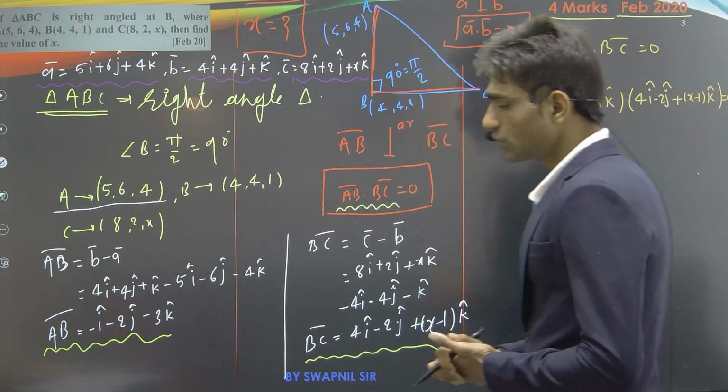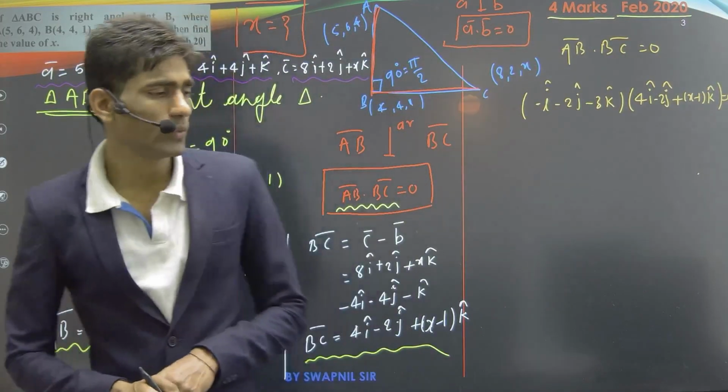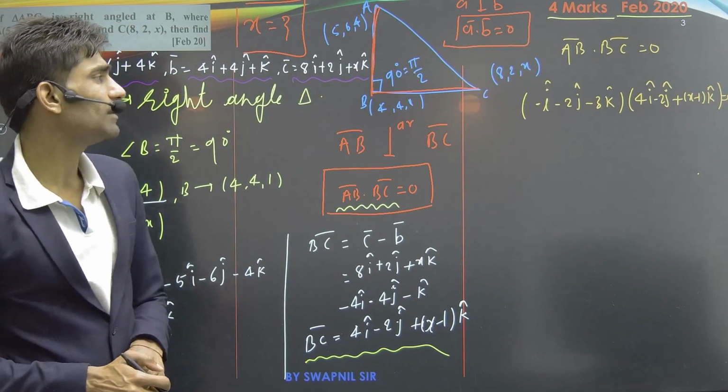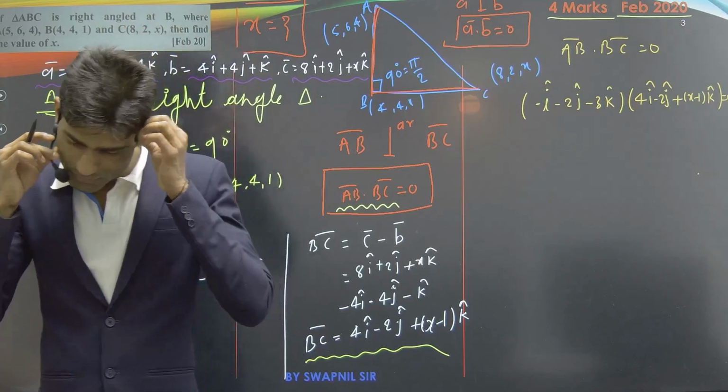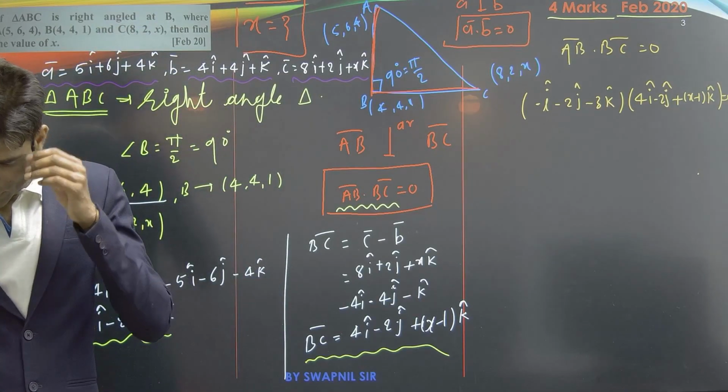So what I have done, I multiplied these two vectors, AB dot BC, so I got their dot product is 0, as these vectors are perpendicular to each other.